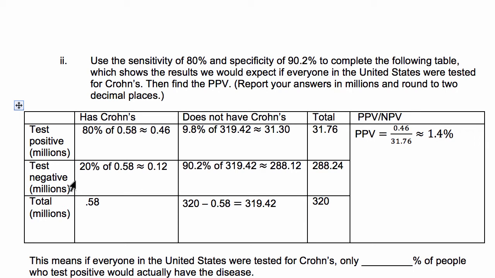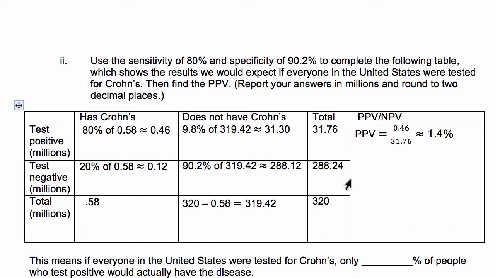According to our table, if we were to test everyone in the United States for Crohn's, about 288.24 million would test negative, but only about 288.12 million of those people would in fact not have the disease.